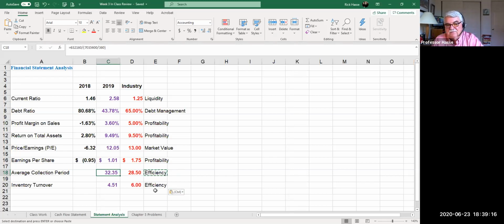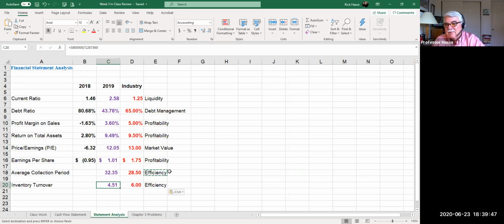And the final efficiency indicator is inventory turnover. How many times do I sell my product during the course of a year? Inventory turnover, as you notice on page 105, is the inventory balance at the start of the year, January 1, 2019, divided by the cost of goods sold for 2019.